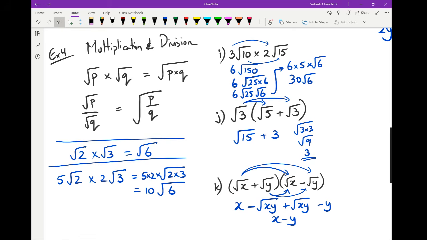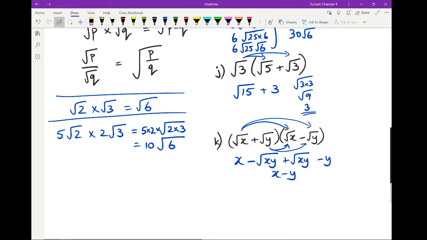We are going to rationalization of surds. So that's going to be example 5.